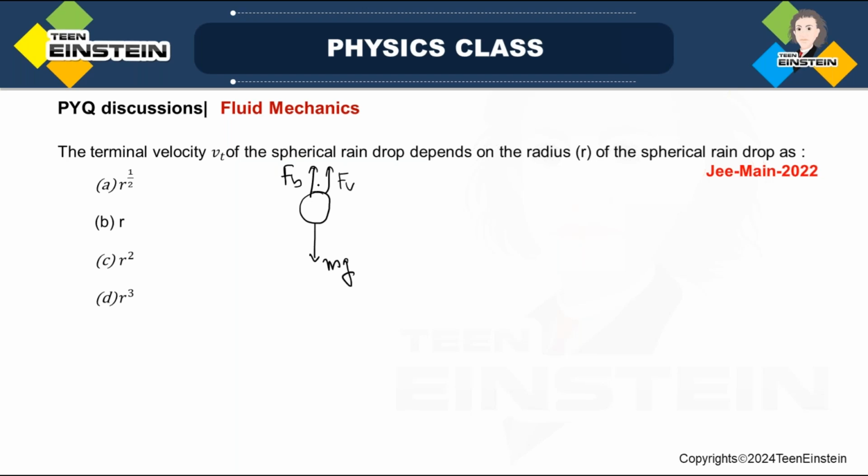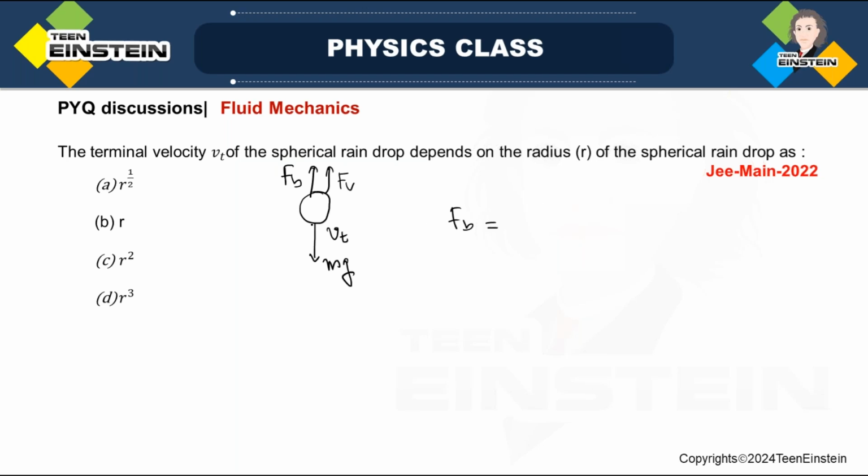the terminal velocity. So suppose the terminal velocity is Vt, then I can write Fv. Let me write Fb.